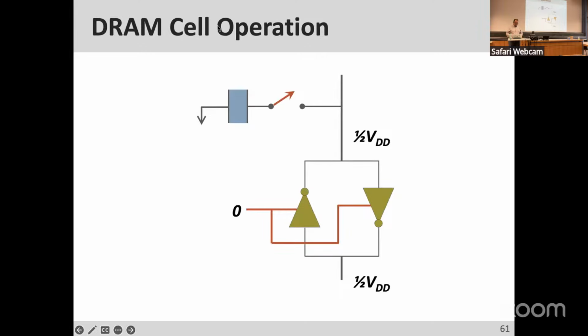So this is the DRAM cell operation. Assume that this capacitor is fully charged. You connect it to the bitline, which is pre-charged, that's why it's half VDD. You connect it using your access transistor with the word line. Once you connect it, we have a charge sharing procedure between this capacitor and the bitline capacitor.